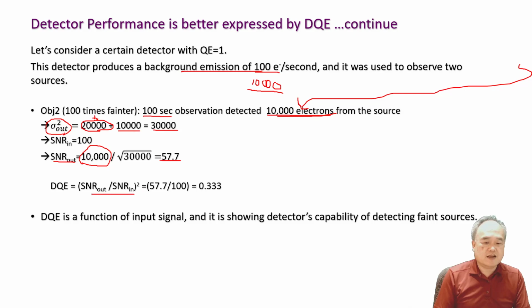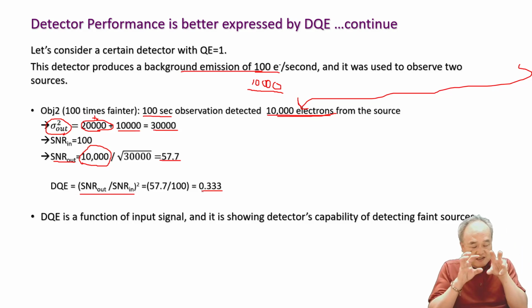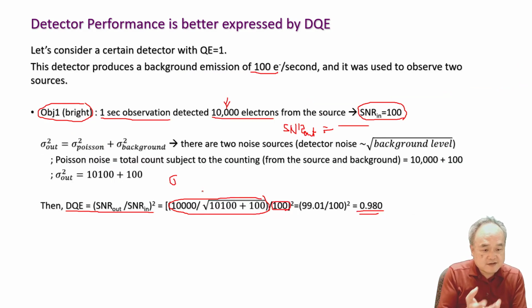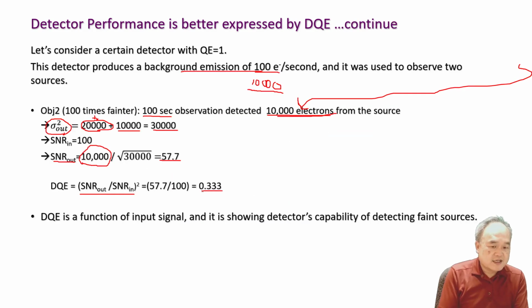When you calculate DQE, 57.7 divided by the incident signal to noise ratio, that's 100, so DQE is 33.3%. So using exactly the same detector, we observed a bright source and a faint source.